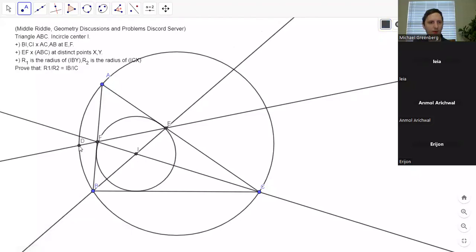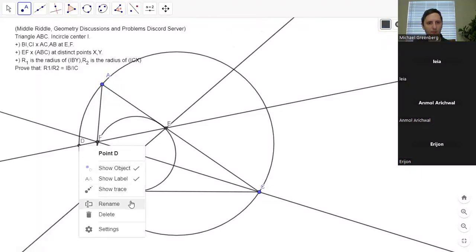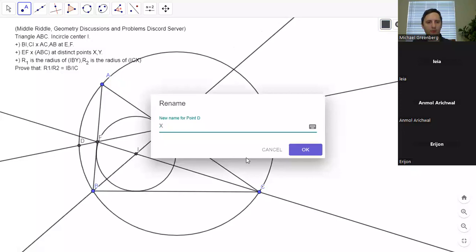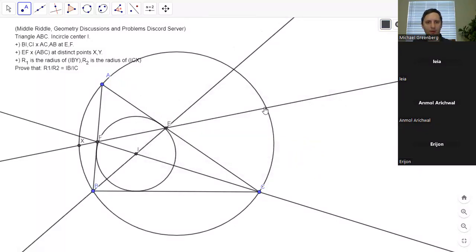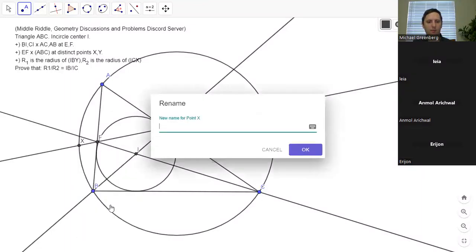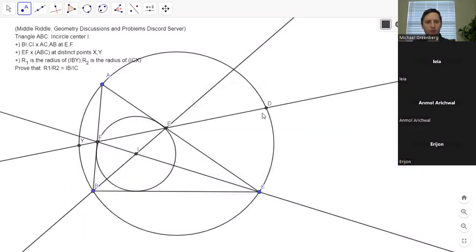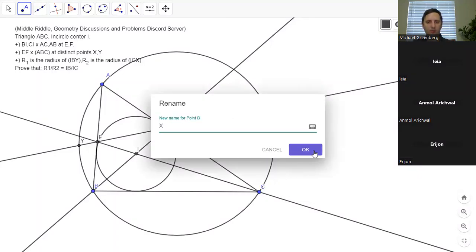So X and Y. Oh, but I don't know which one is X and which one is Y. So let me check. I think this should be Y. And this should be X. I think that's what the problem looked like originally.